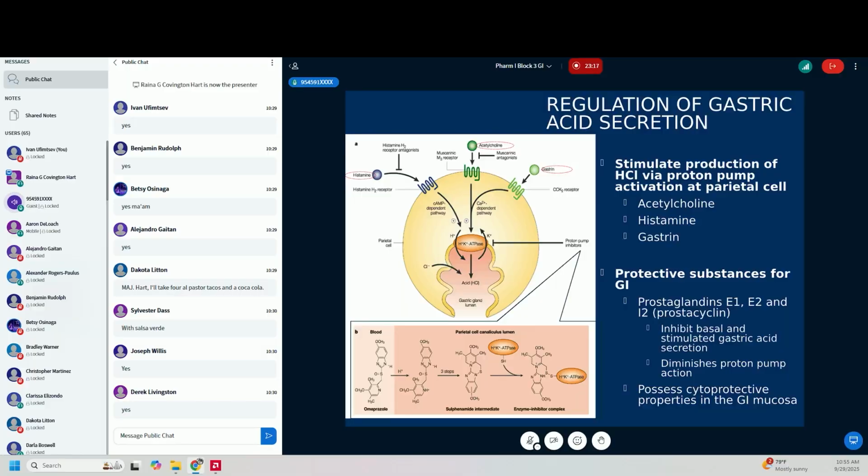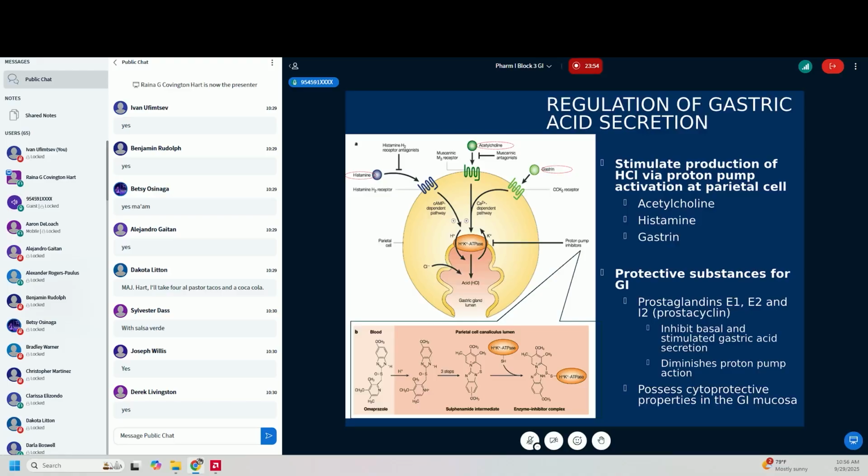Looking at our mechanism of action and why we are using our proton pump inhibitors, you see the production of hydrochloric acid from the proton pump being activated. If I could say, let me not have acetylcholine, histamine, and gastrin stimulate that acid production, I'm going to try to give a proton pump inhibitor.